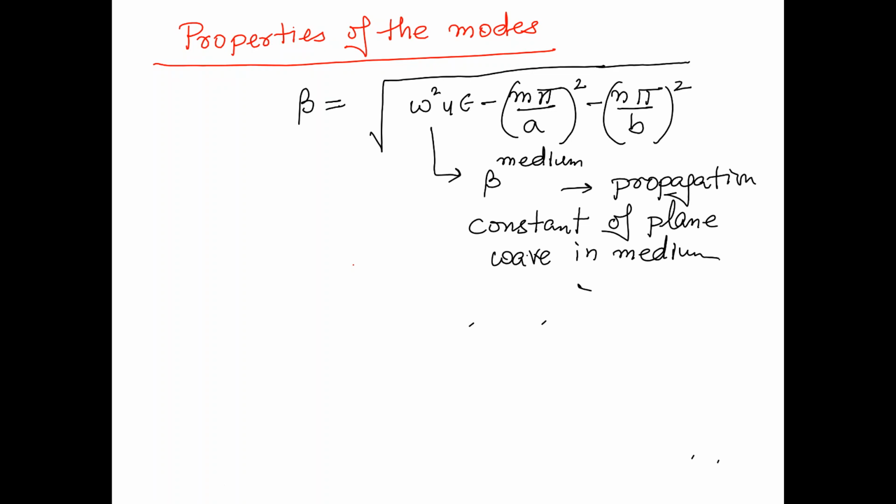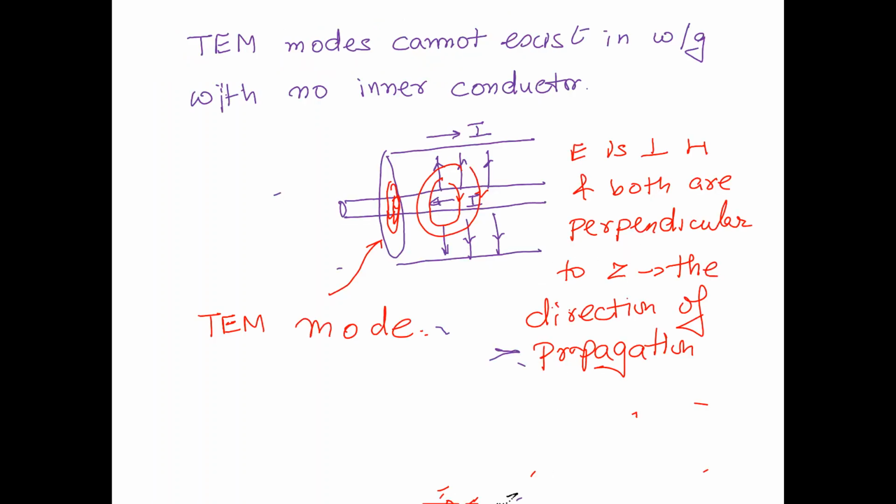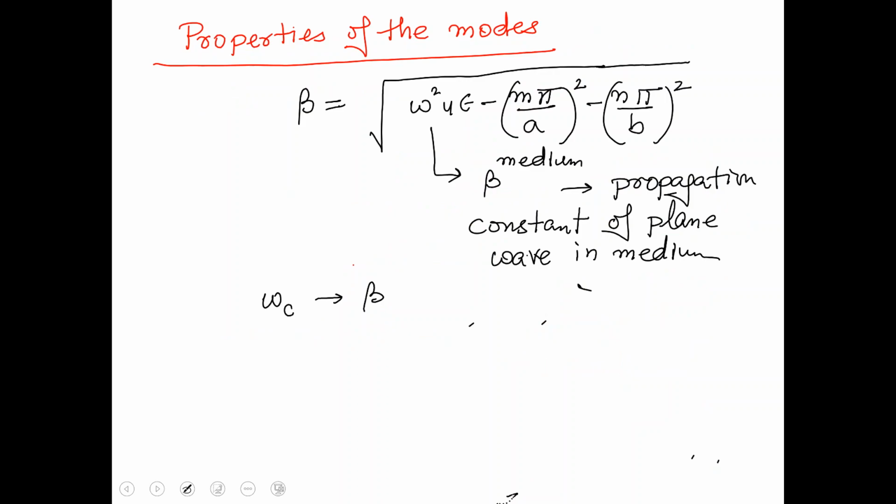We had said that the cutoff omega c is when propagation constant is 0, just at the place where the gamma term which we had defined goes from positive to negative, from real part to imaginary part.